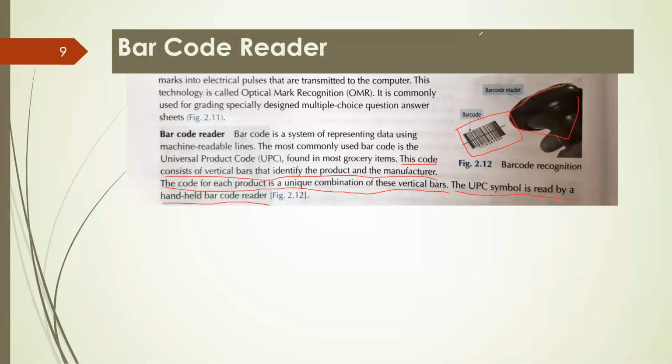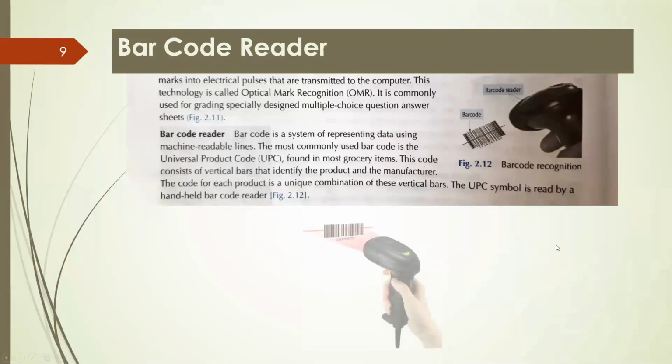So how will it work? You see, when you press on the barcode, the ray will scan the bars. Then automatically all that data or information will enter the system.